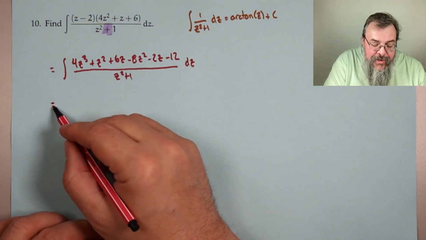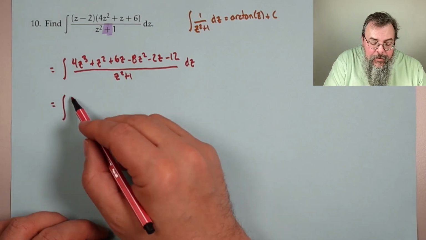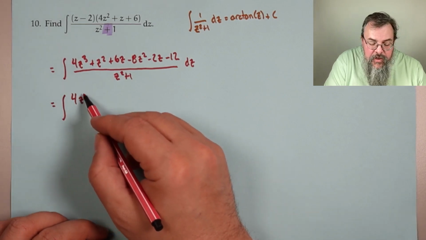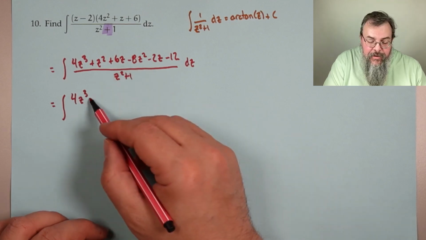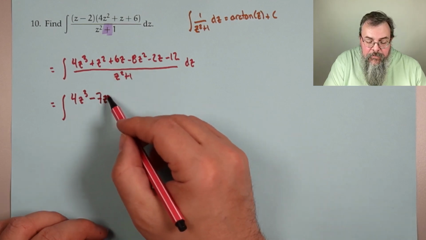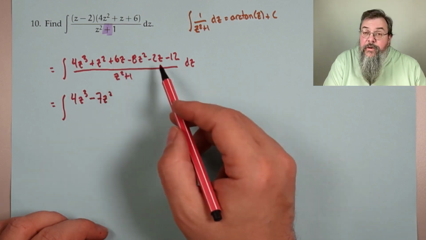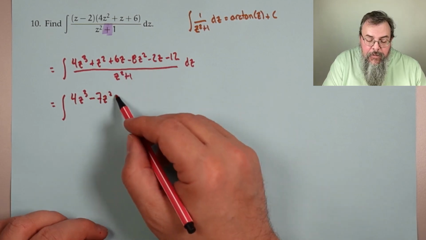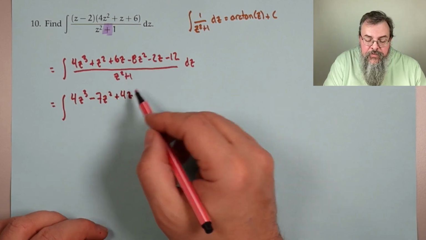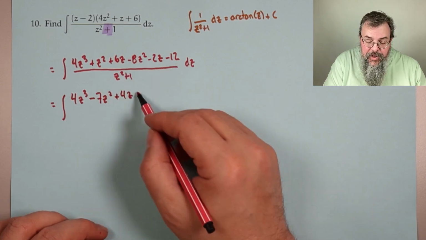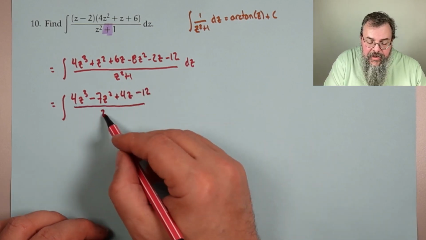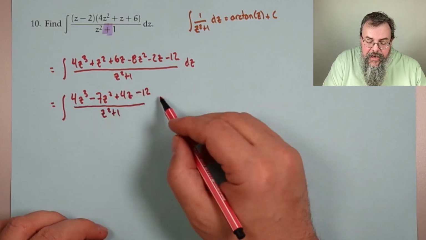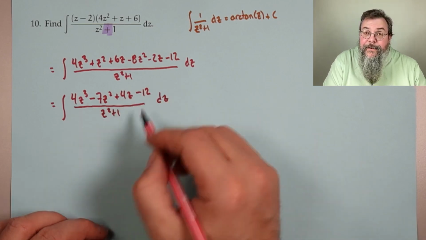Okay, so gathering. What do we have? Well, there's only one z cubed term, so that's pretty easy. z squared minus 8z squared is minus 7z squared. Plus 6z minus 2z plus z makes 5z, and minus 12. All right, now here's our issue. We have a lot of stuff.